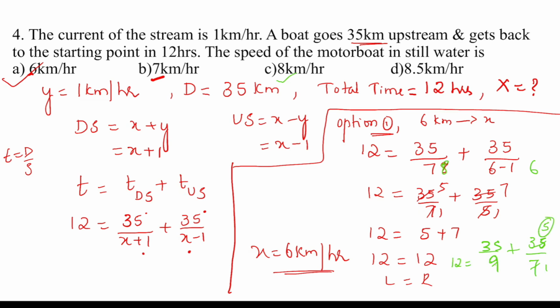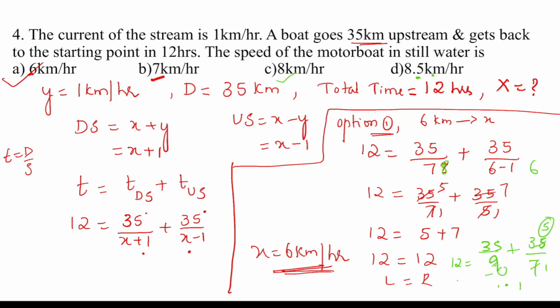Since this was a whole number, and adding it with a decimal would give us a decimal answer on this side, which would not match the left hand side, isn't it? So this is also discarded. Now 8.5. 8.5 is at least not a good number to substitute, isn't it? So like this you can check each one and you could get the answer. So the answer for this is 6 kilometer per hour.